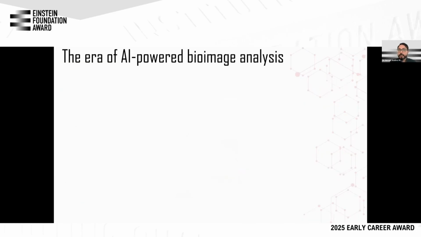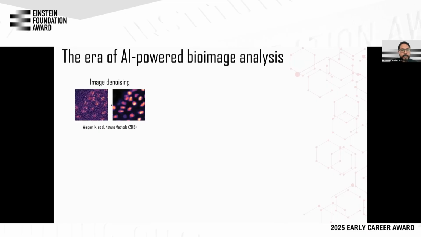So we are living in the era of bioimage analysis, the AI-powered era of bioimage analysis. Actually, AI is everywhere nowadays, but I will focus on bioimage analysis. And I'm going to show you a few examples, like how we can use these methods to increase, for example, the quality of the images.